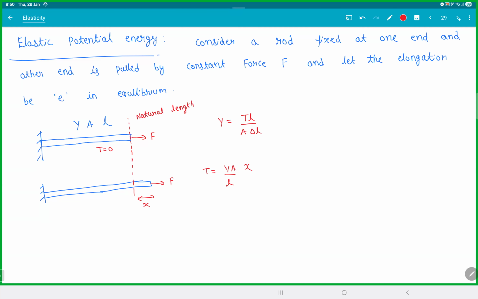It's kind of like a spring, actually. We'll compare this with a spring. Tension varies with X. And eventually you will reach an equilibrium state where the rod stops. Technically speaking, the rod should keep oscillating, but let's say it has reached equilibrium.